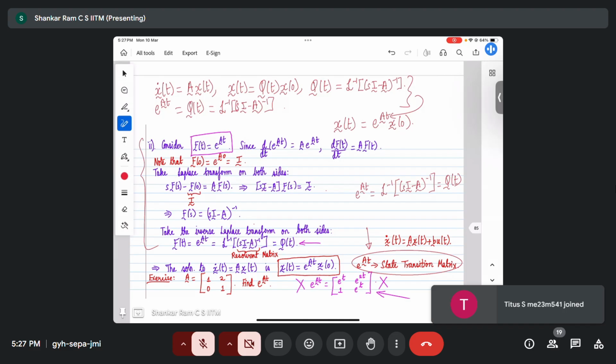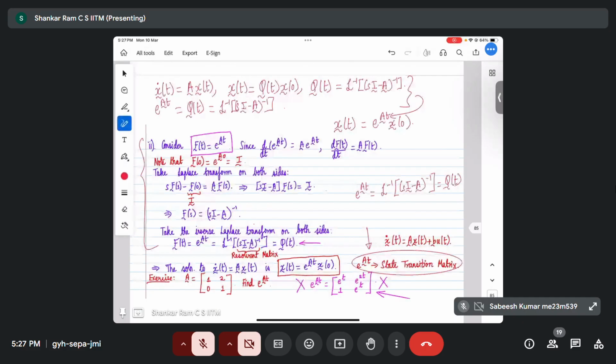Then we are seeing that e power At helps us to transition from one instant to the state at the corresponding instant that you and I are interested in. And that is the reason it is called a state transition matrix.